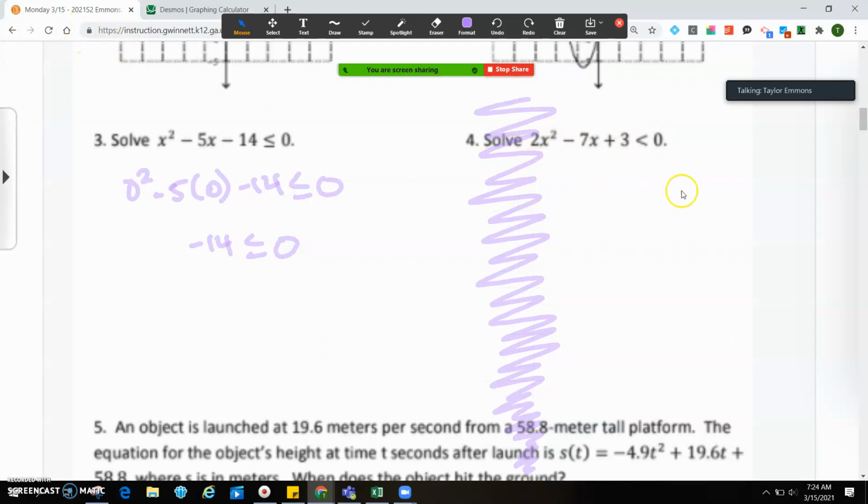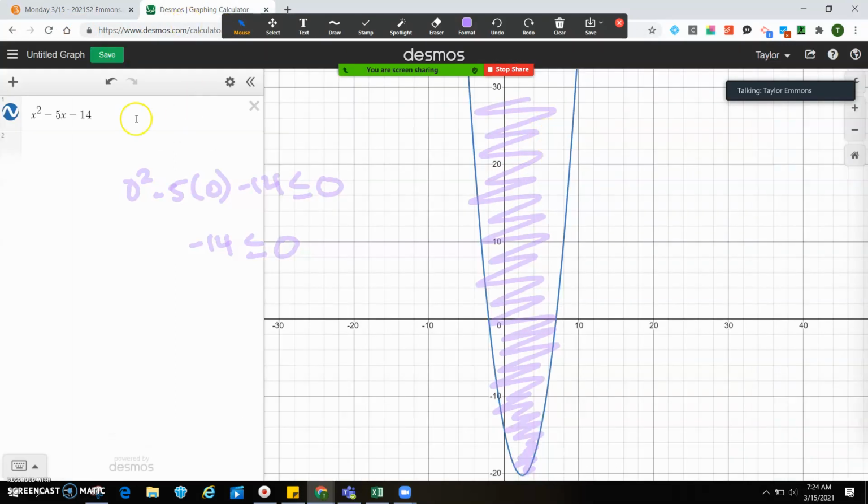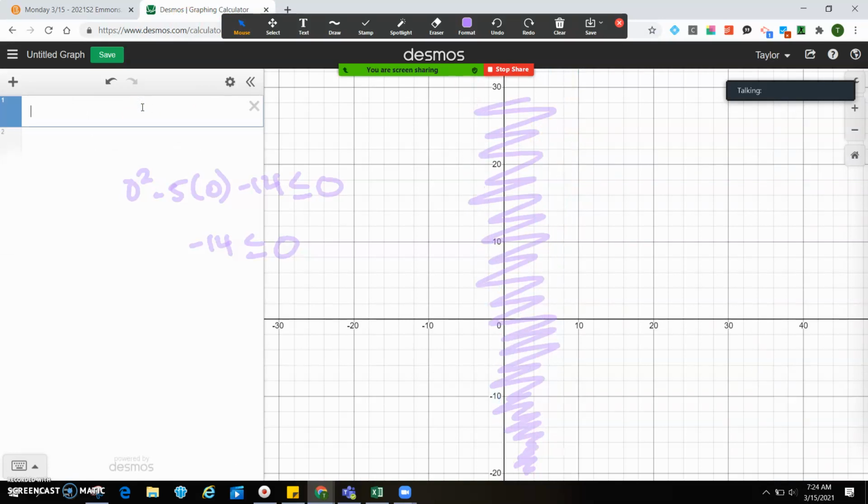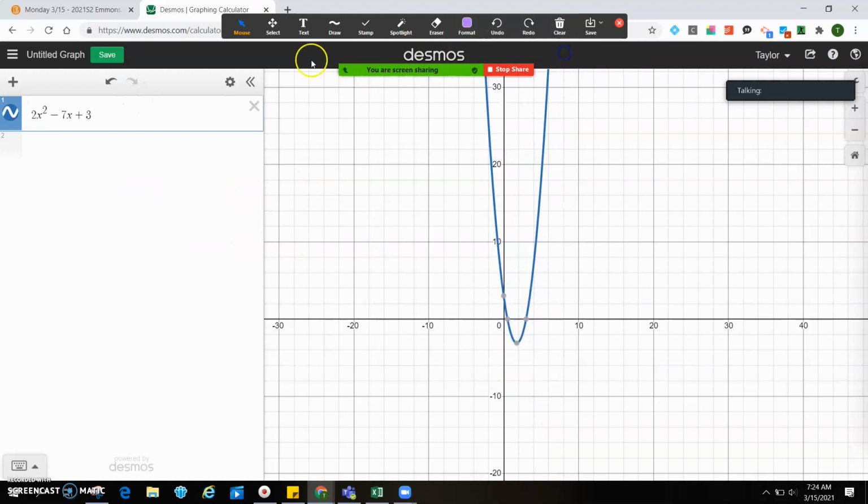Now I'm going to take this equation and plug it in. 2x squared minus 7x plus 3. Okay? And again, I'm going to take (0, 0), which is on the outside this time, and plug it in.